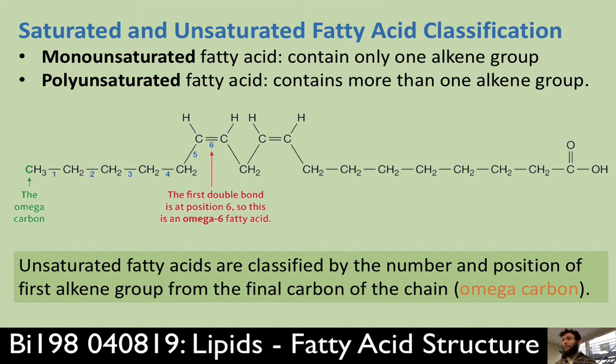So you can have a monounsaturated fatty acid, which is like the one that I'm passing around, or you can have polyunsaturated. I didn't have enough double bonds with me in my bag today to make a polyunsaturated fatty acid, but it would simply have 2 double bonds or more. You can have more. So when you are categorizing unsaturated fatty acids, you categorize them using what's called the omega system. The way that works is the last carbon in the chain is called the omega carbon.